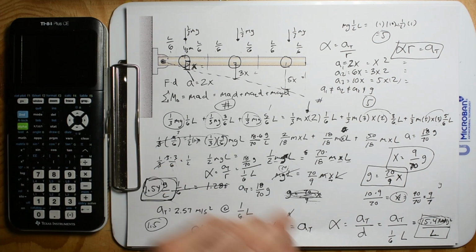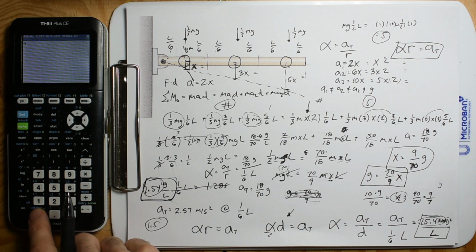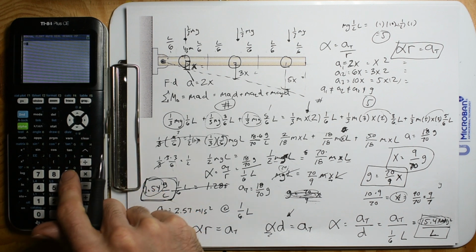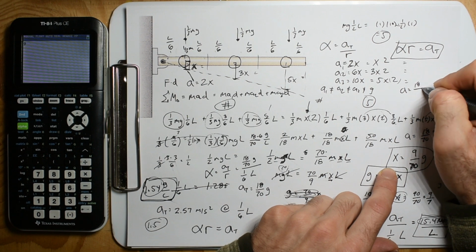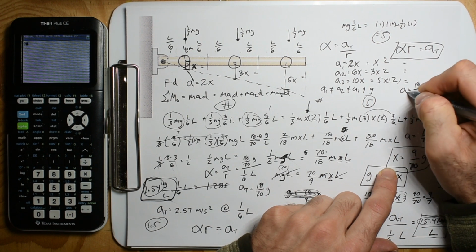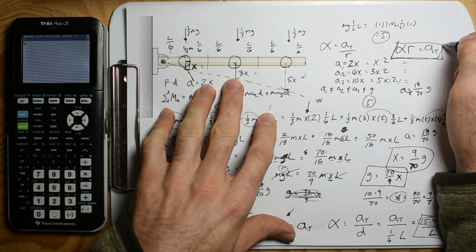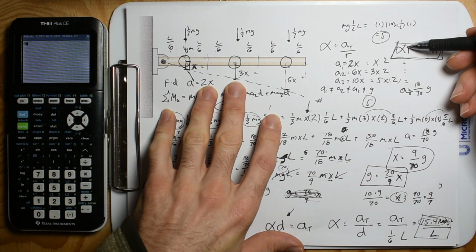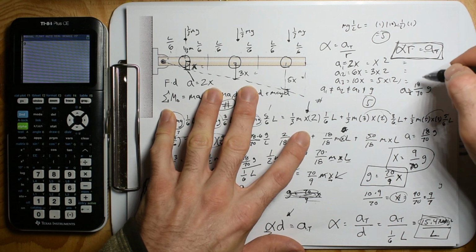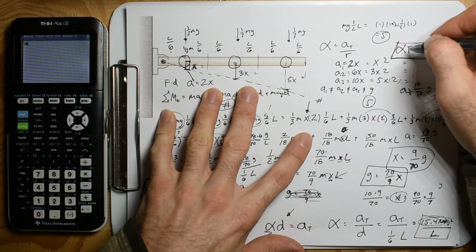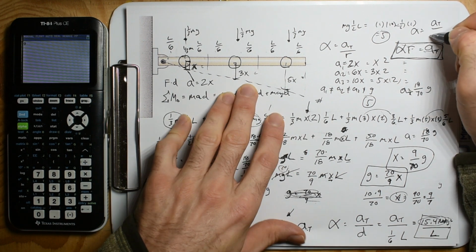I lost so much footage. But the acceleration is going to be twice that, 18/70 g. This is going to be our tangential acceleration. We have to go back to the equation of what is angular acceleration: radians times radius is something normal. So angular acceleration is going to be tangential acceleration divided by that distance.